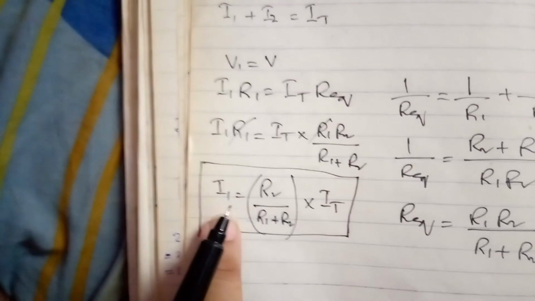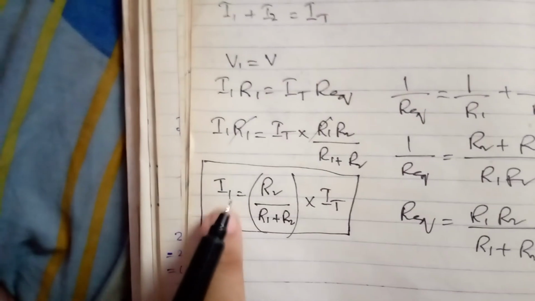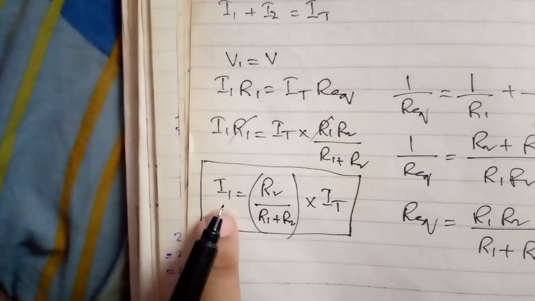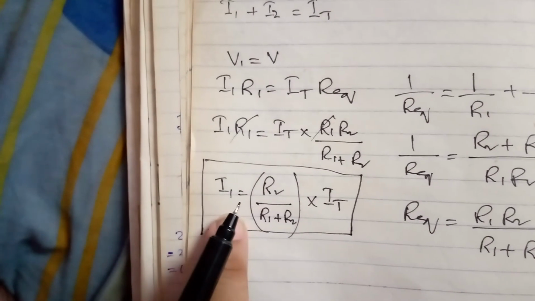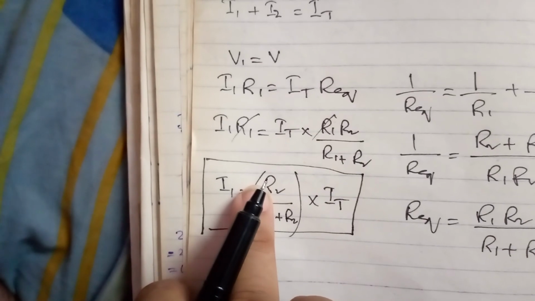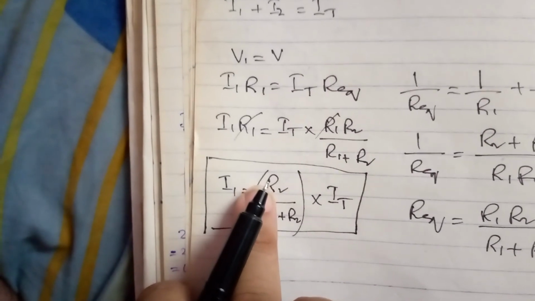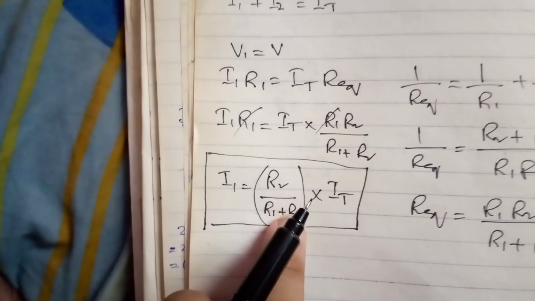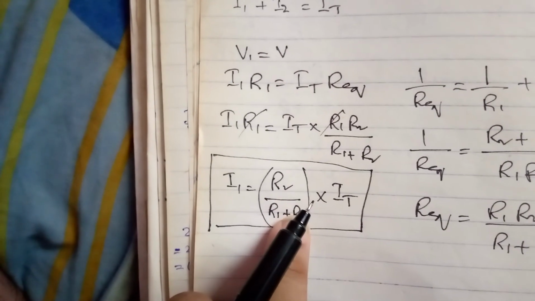Here I have derived the formula for the current flowing through R1, which is I1. Now you can see the formula. In numerator, R2 is here, and in denominator, the sum of both resistances is here.